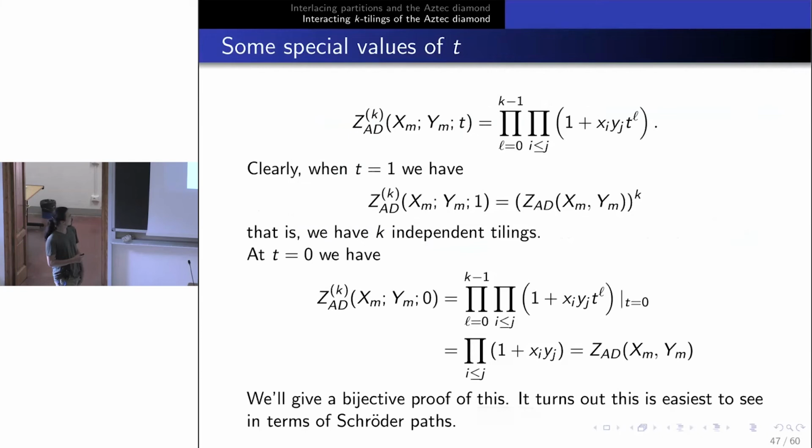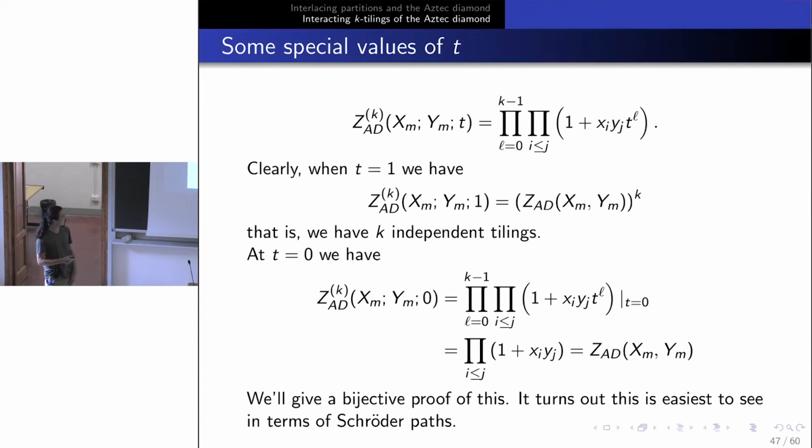Okay, so this is our partition function for our k-tilings. If you plug in t equals 1, we get just Z^k, or the partition function for the single color Aztec diamond multiplied together k times, which sort of makes sense because at t equals 1, there's no interaction.